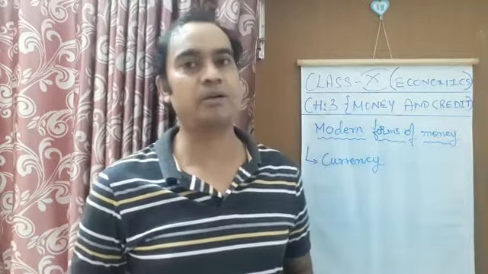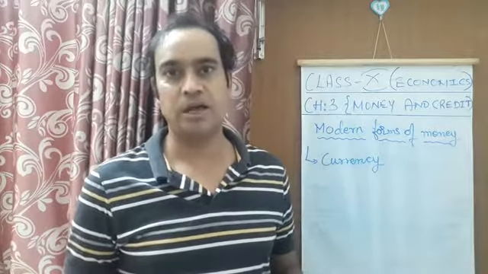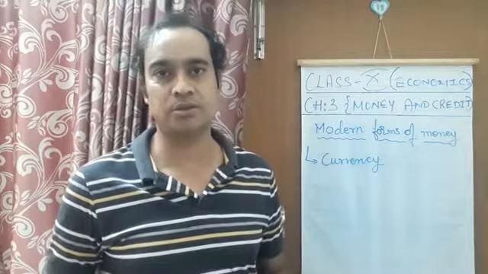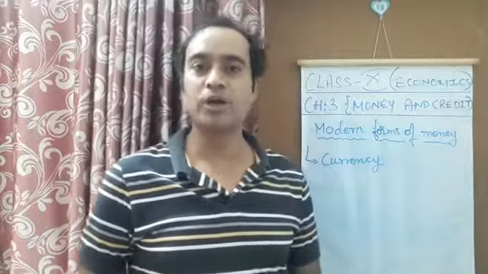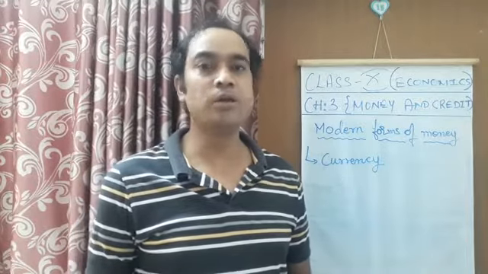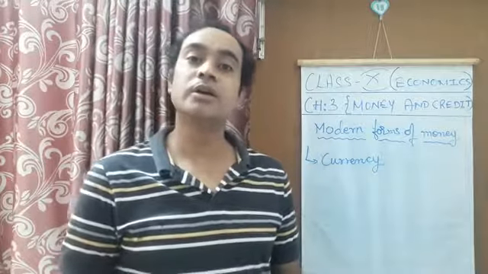Everyone has to accept it, whatever the government is going to legalize. And this is how a new type of paper currency came into existence, and that currency that we are using today. Okay. So, this is the modern form of money that we are using today.